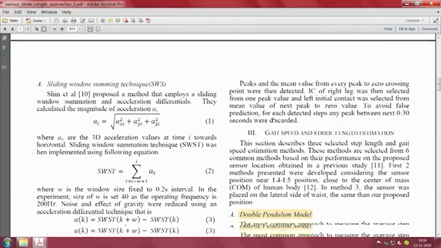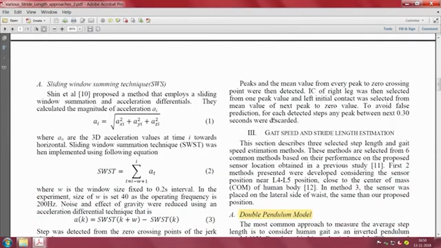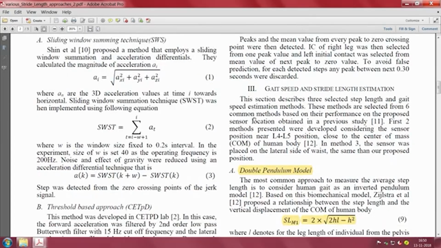For example, this is on step detection. You can see that the sliding window summing technique is something that is proposed in this paper. There are a lot of references to previous work. At the same time, the authors also want to propose their own methods. And remember, this is very specific to the Parkinson's disease application. So you take the basic things and start adapting to very special requirements.